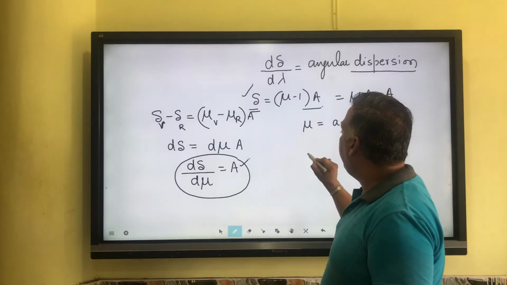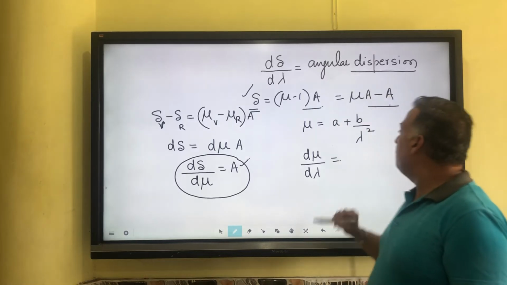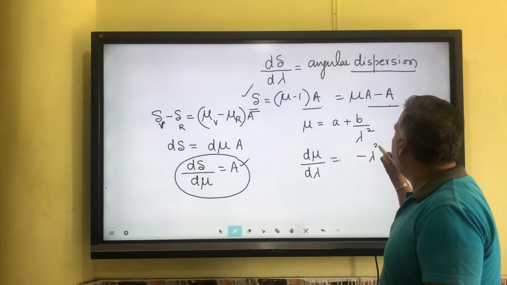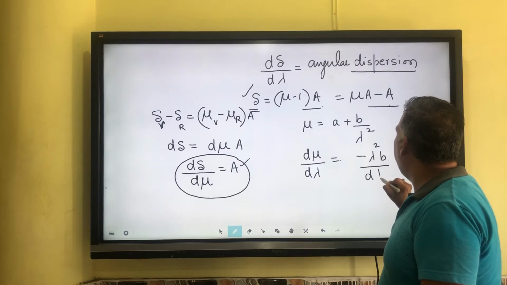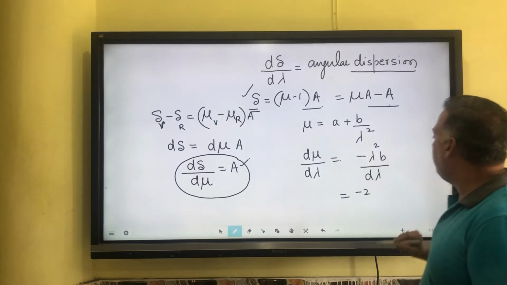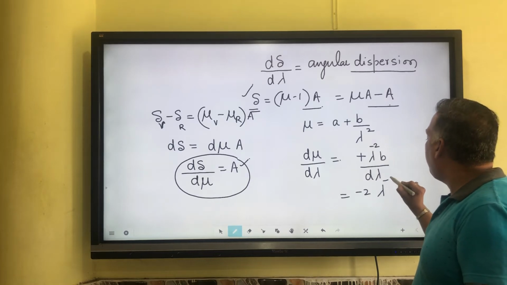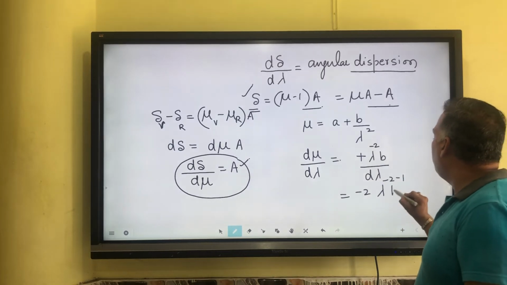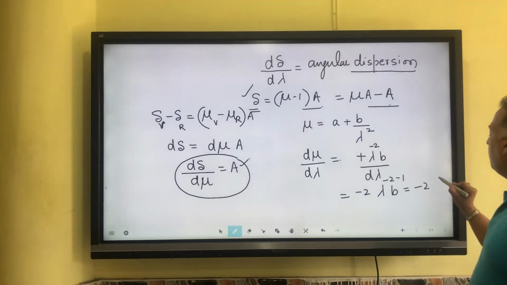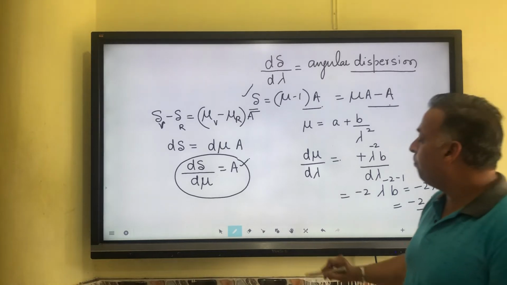If I differentiate it with respect to wavelength, the power 2 comes to the upper side, so lambda to the power minus 2 minus 1 into B. It becomes minus 2 into lambda to the power minus 3 into B, so it is minus 2B upon lambda cubed.